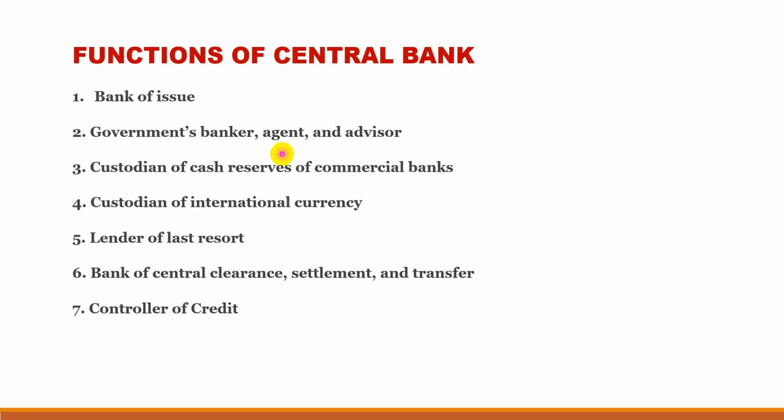As an agent to the government, the central bank conducts sale and purchase of government securities and also manages the national debt as well as foreign debt. The central bank also acts as an advisor to the government, especially on monetary, banking, and financial matters.